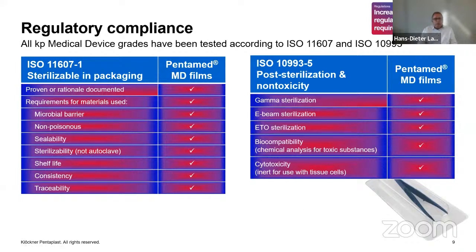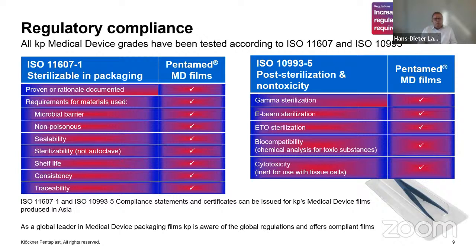We have done the biocompatibility tests for the films, and they can be stated as certificates that these films are really attested according to these standards, which means that you have the documentation for a registration of the devices, even if it's together with the packaging, and this makes it easier and this makes it faster.